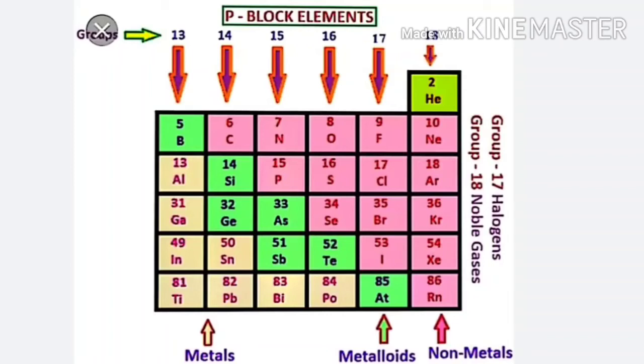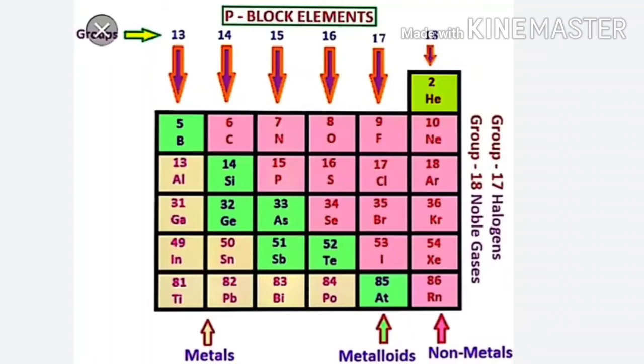Bond dissociation energy. Down the group, bond dissociation energy decreases because as we move down the group, the atomic size increases, which results in an increase in bond length. As the bond length increases, there is a decrease in bond strength, which results in a decrease in bond dissociation energy.